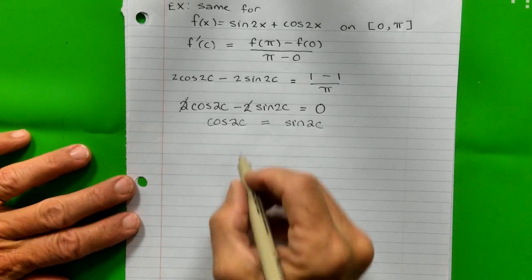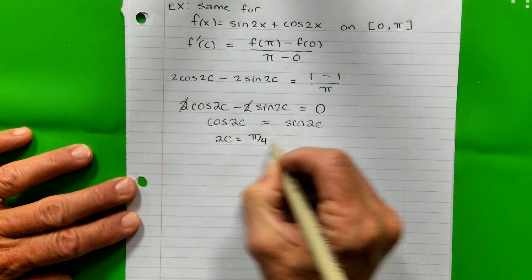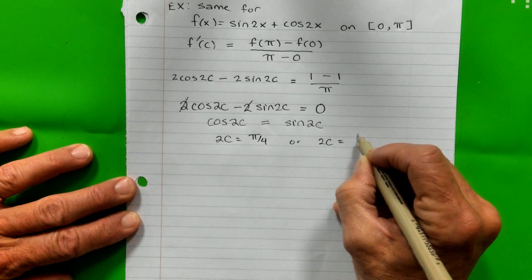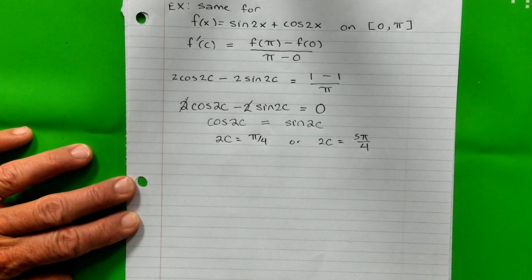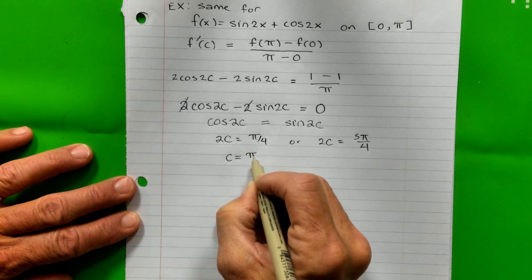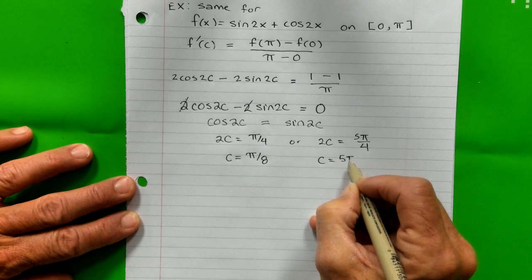So let's see. 2c is pi fourths, or 2c is 5 pi over 4. Now solve for c by dividing by 2, and I get pi over 8 and 5 pi over 8.